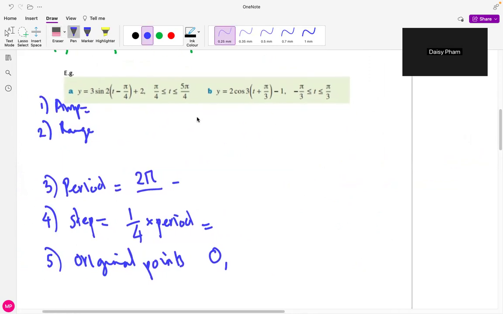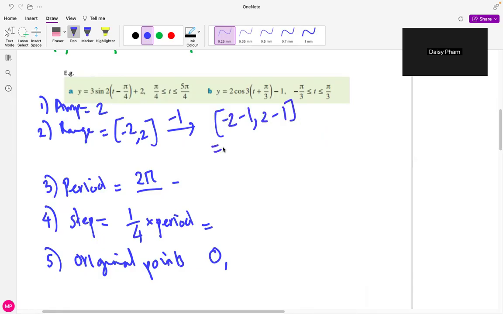Okay, so for cosine, the amplitude is 2, so the range is -2 to 2. Then you consider the translation of 1 down, so -1. So you would have -2 - 1 and 2 - 1 as the range, so you have -3 and 1.